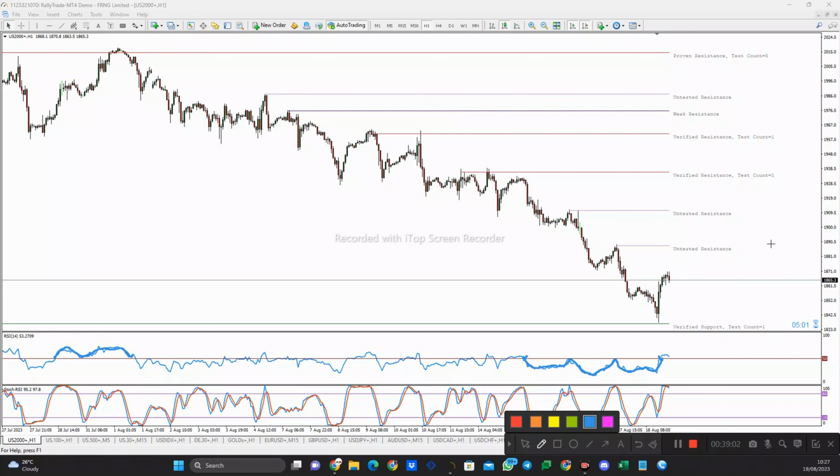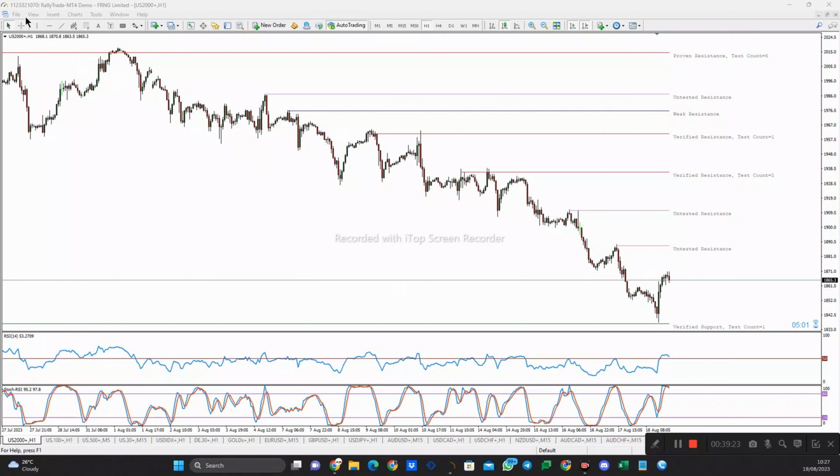Now, I want to try and make sense of this previous downtrend, the one that started from here and went to this point where it's going up, right?